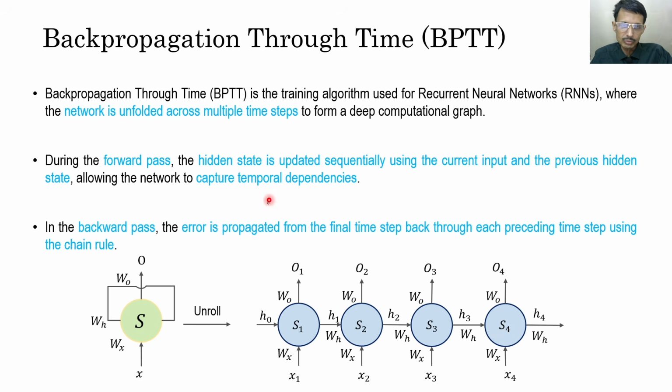Now, in the backward pass, what is basically happening? The error, maybe it is a 4 state network, and this is the final state. This error is propagated from the final time step back to each preceding time step using the chain rule. Now, there is a point that will come in our later slides: the error is not only obtained at the final state, it may be obtained in the previous states also, if there is output.